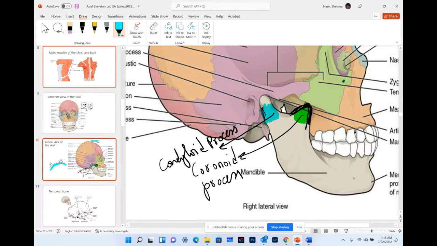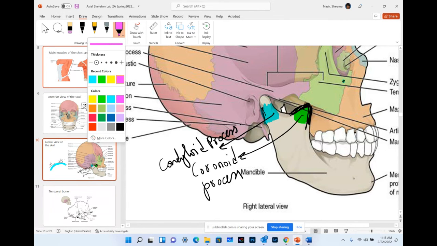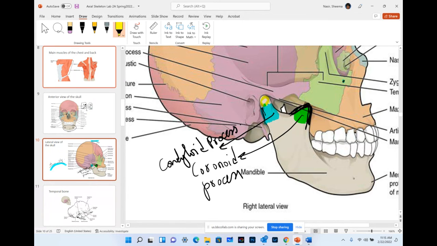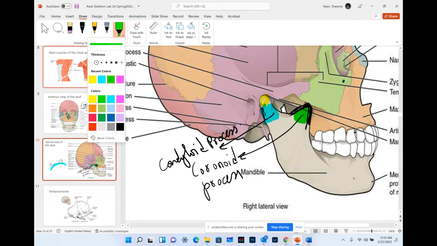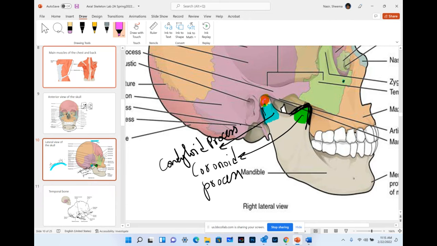You see the top part, the rounded part? That top rounded part right here, that is called the condyle.